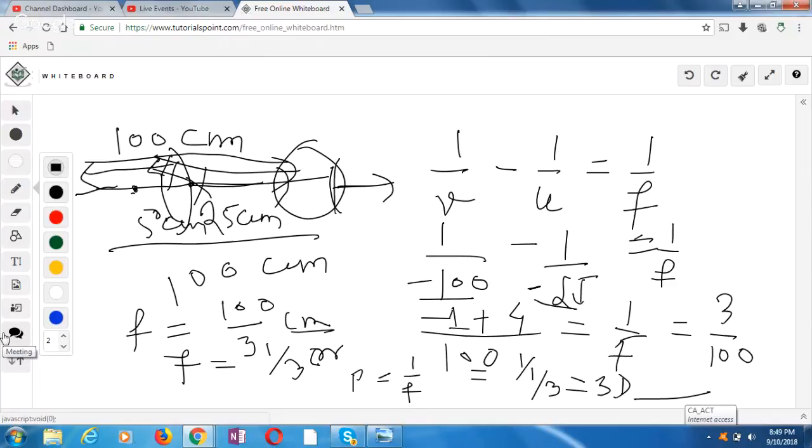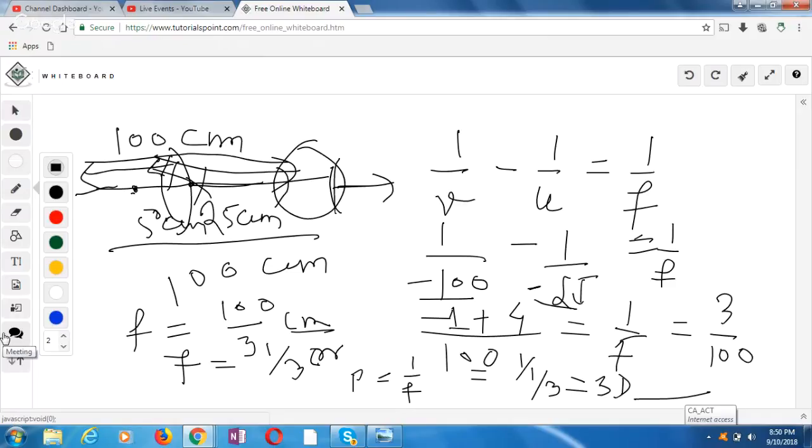How can I do so? I can change the image formed by the convex lens such that whatever is at 25 centimeters goes to 100 centimeters, and that is why I have taken u as 25 centimeters, because for a normal eye the near point is 25 centimeters. If my eyes are not defective, anything kept at 25 centimeters, which is my near point, I will be able to see perfectly.